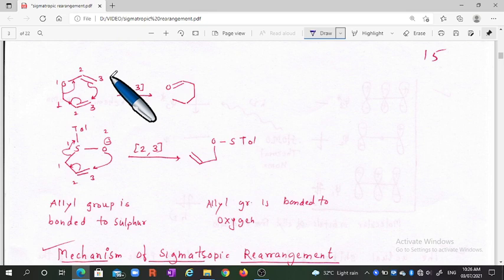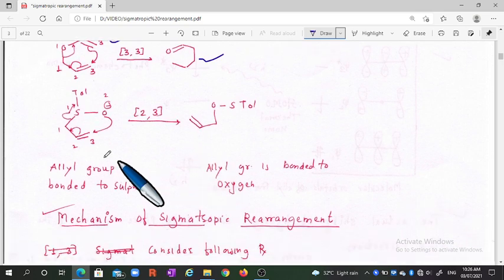This is also a type of Claisen rearrangement. In this case the migrating carbon is attached to the oxygen, but in the product it is attached to the carbon. Here sulfur is attached to the carbon, but in the product the sulfur is attached to the oxygen.